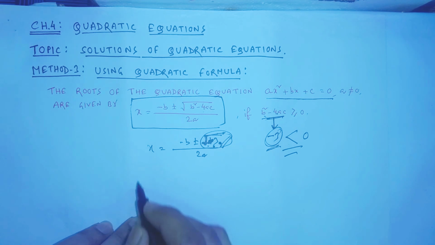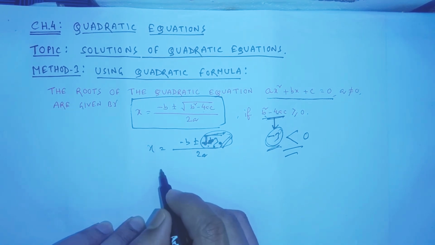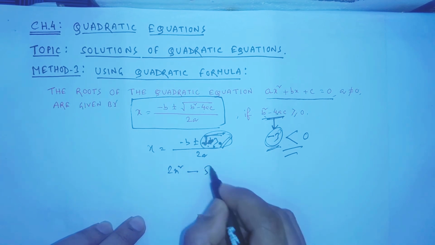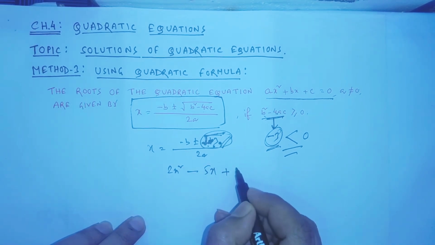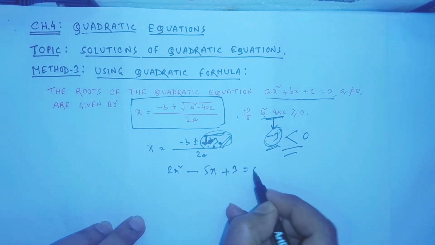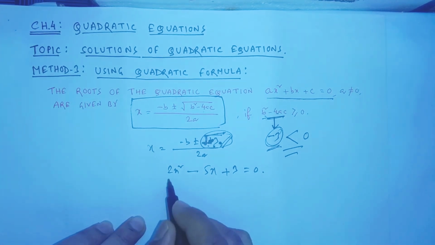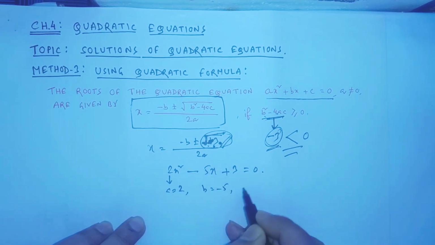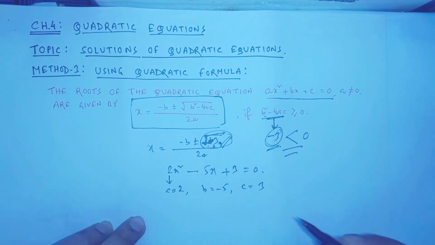Now I'll give an example to explain this method. Suppose you have the equation twice x square minus 5x plus 3. This is a quadratic equation. Here a is the coefficient of x square, which is 2. b is the coefficient of x, which is minus 5. c is the constant term, so c is 3.